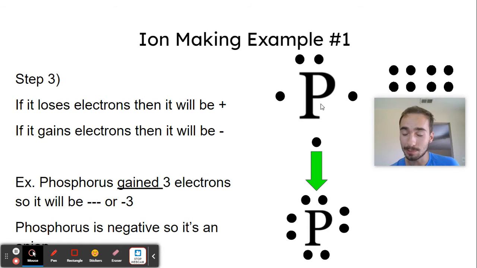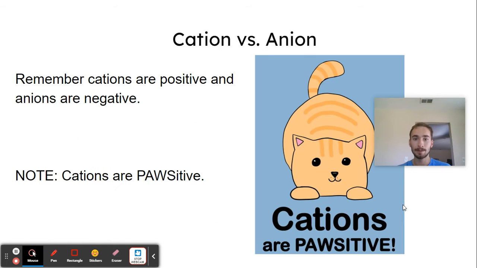But phosphorus was a little bit too desperate for friends, so it gained 3 toxic friends. It gained 3 electrons to be complete, but those electrons are negative. Remember, they're negative, just like friends can be negative energy. So, since it gained 3 electrons to become complete, it's going to be -3, or 3 minus, because it gained 3 negative things. Okay?